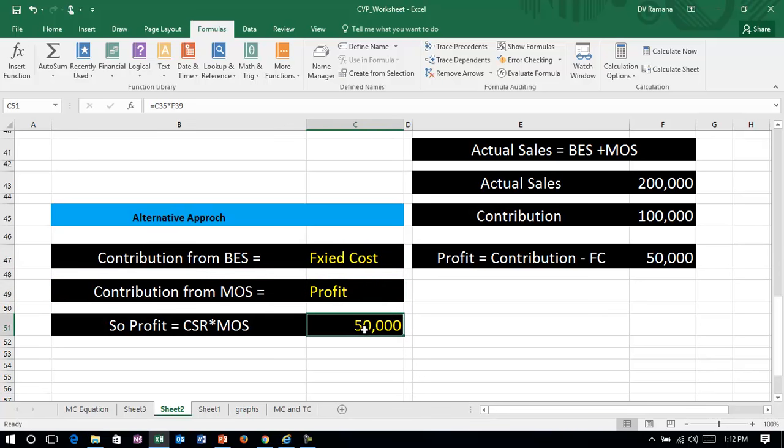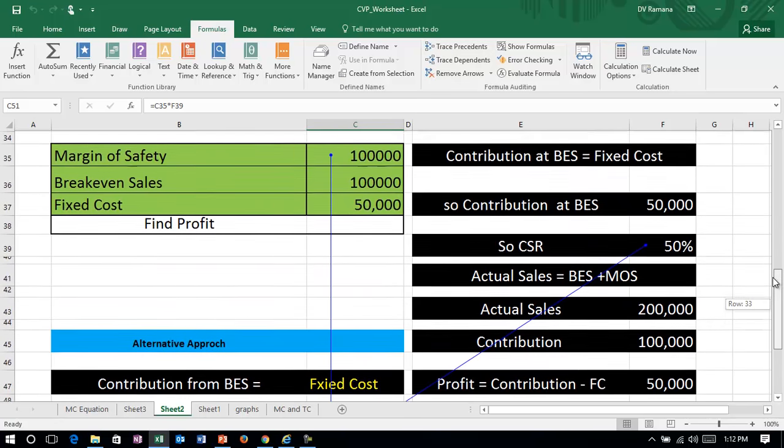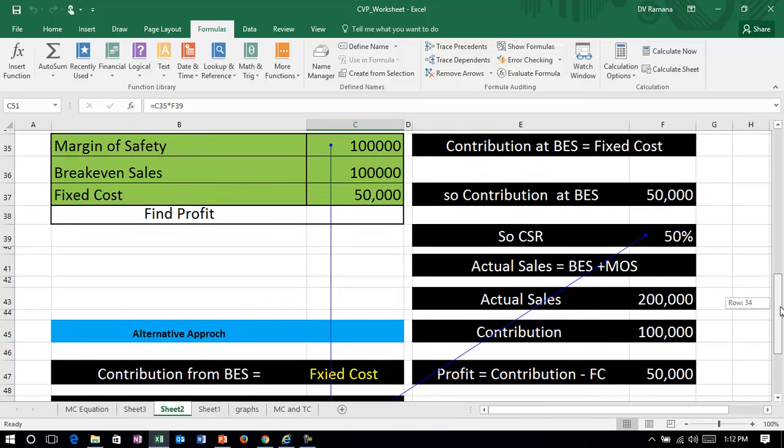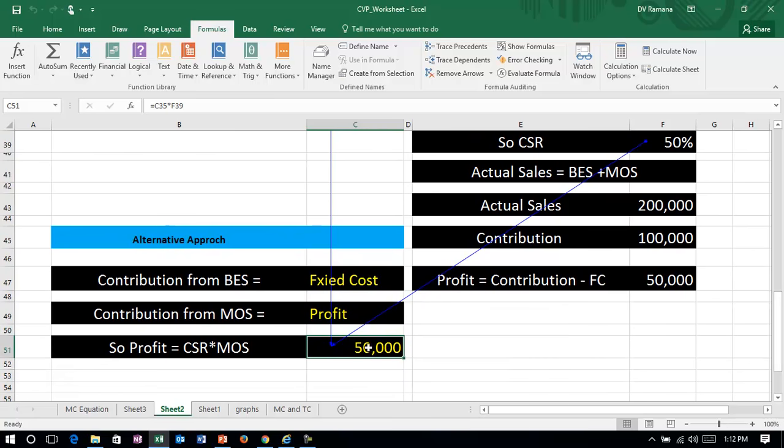So profit at the level of the margin of safety is 50% of the margin of safety. So the entire contribution is profit. So we can find profit either by finding contribution minus fixed cost, or we can find profit is equal to contribution to sales ratio into the margin of safety.